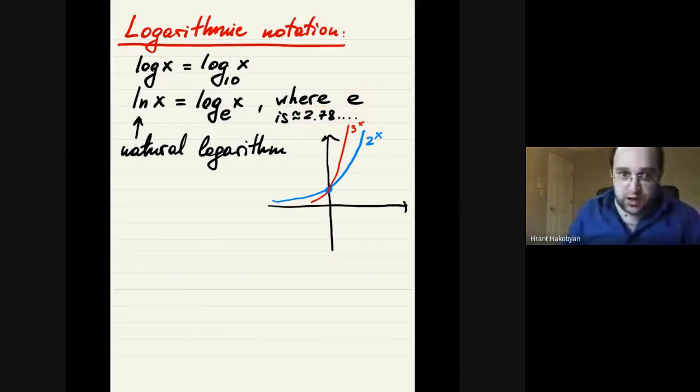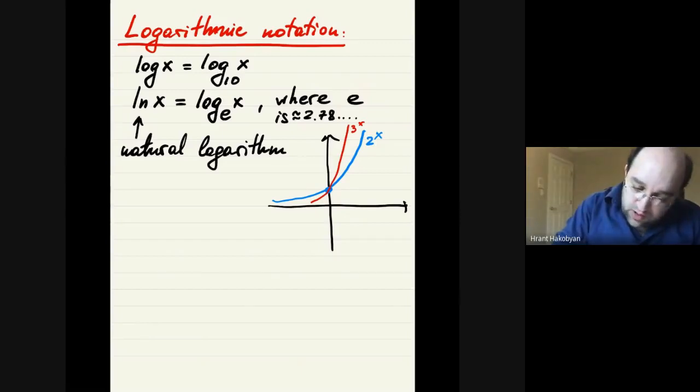So what's the significance of that number? One of the things to know is that if you look at the slope of the graph here, you get different numbers for these ones here. And e is the number for which, if you draw the graph of this thing here, let me make it green, this is the graph of e to the power x.